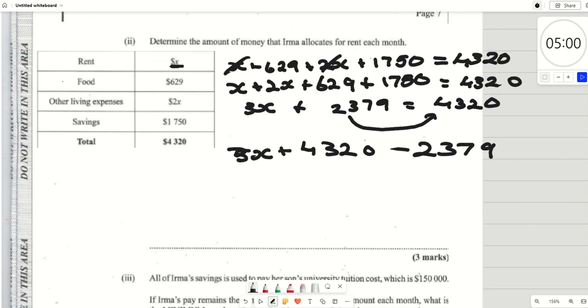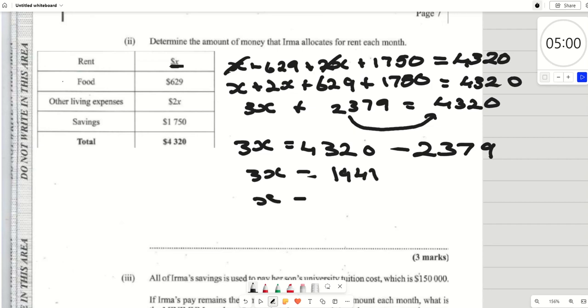Right? So let's see. 4,320 minus 2,379. When you subtract that, you know that 3x is equal to 1,941.